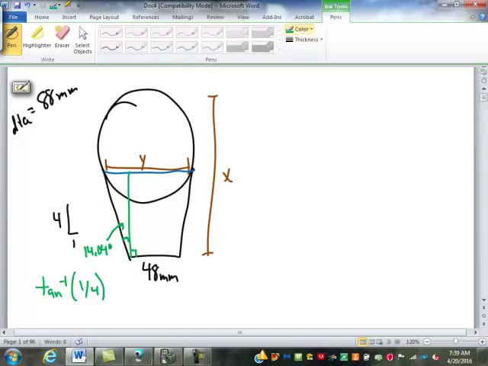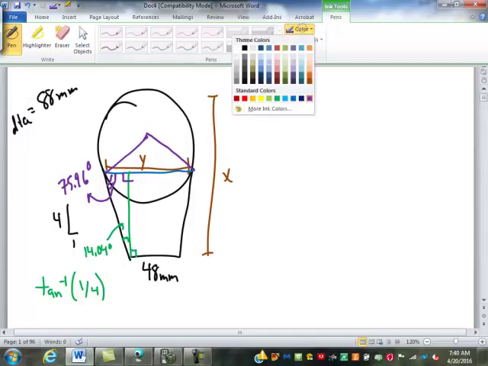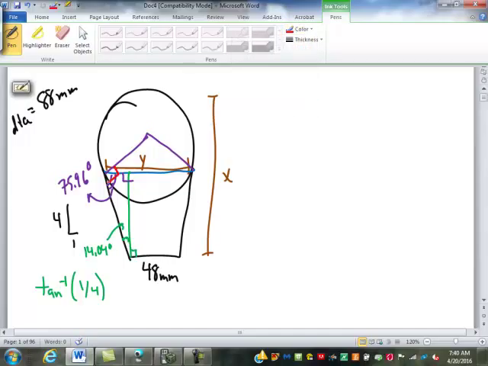Okay, now that tells me this angle right here, by the way, is how much? Yeah, so 90 minus 14, that one's going to be 75.96 degrees. This is 90. But this is also 90 here between the radius and that tangent.